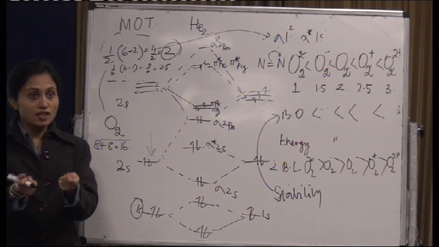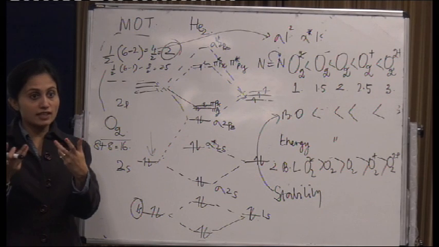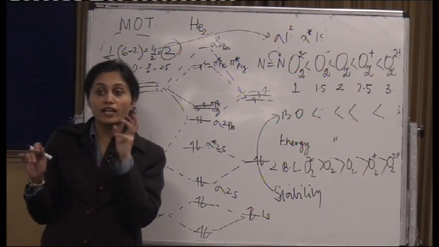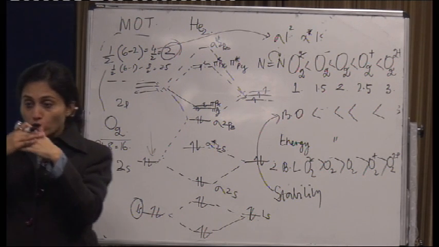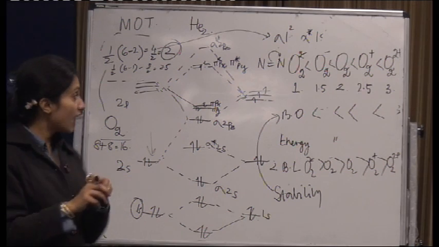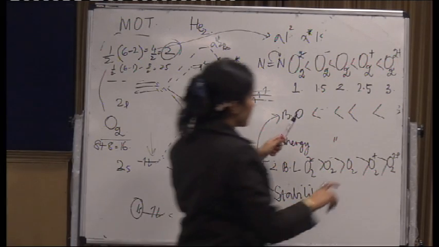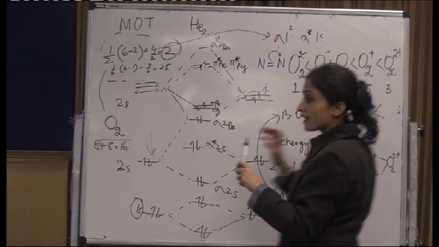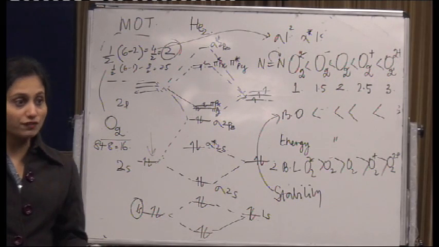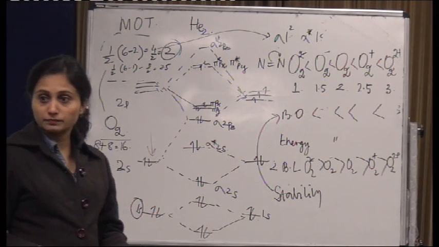Understood? We are not talking about the orbital energy, we are talking about the bond energy. So this is the bond which is formed and the energy which is required to break the bond. So the highest bond energy is in case of O2 2 plus, and that is why it is the most stable, because you require a lot of energy to break the bond there.